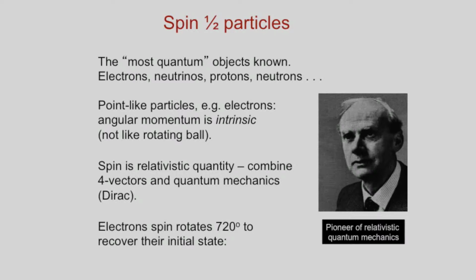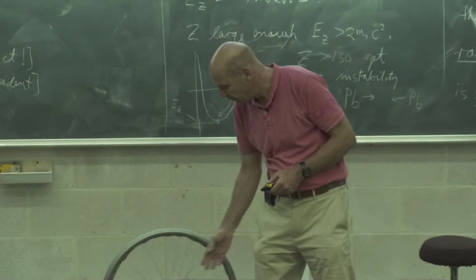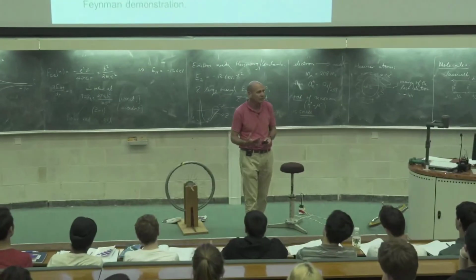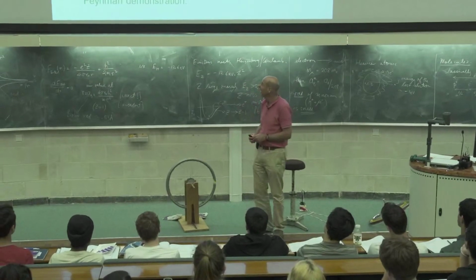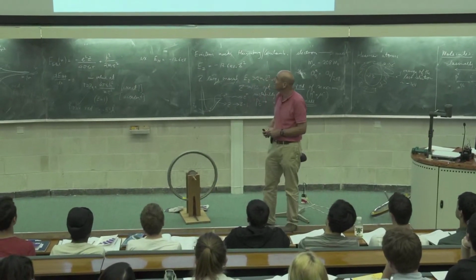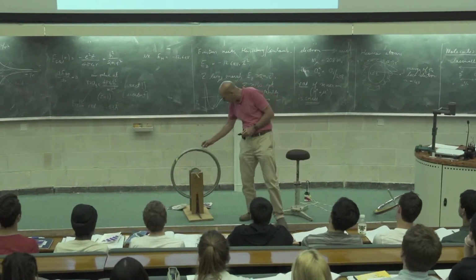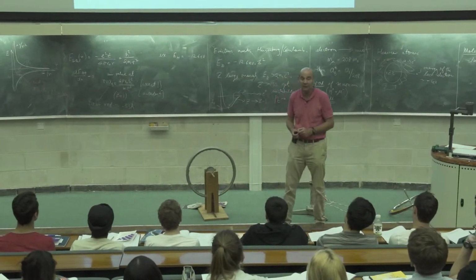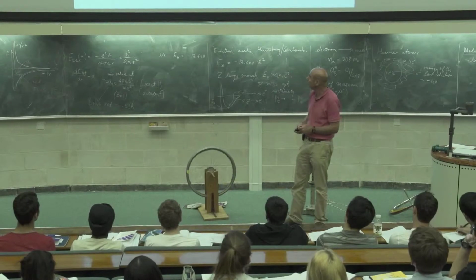is really not like an object like this, which has its spin angular momentum because it's an extended object. An electron, in some sense, is a point-like particle, and the fact that it's got spin, you can't imagine it in these simple terms. It's a consequence of special relativity and quantum mechanics coming together.